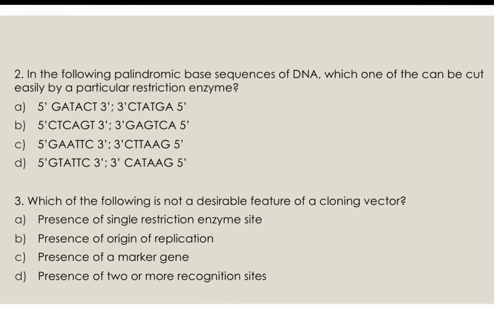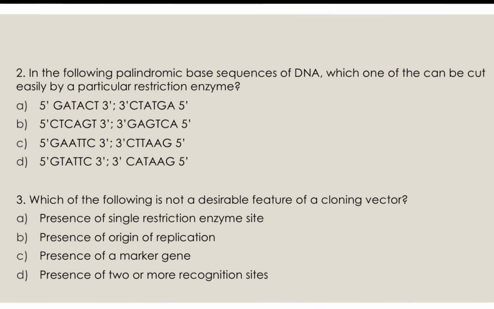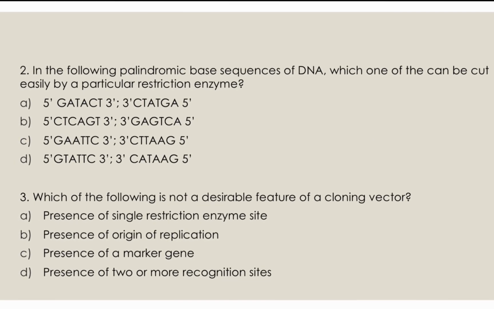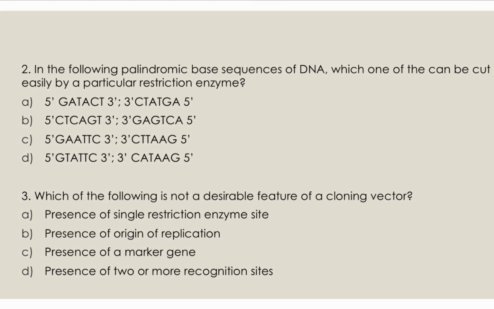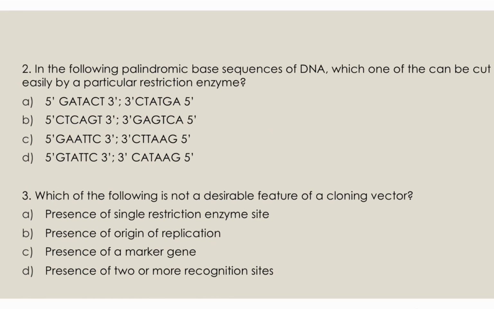Okay, so the next question is, in the following palindrome base sequences of DNA, which can be cut easily by a particular restriction enzyme? Here the answer will be C, because this is a palindromic sequence.